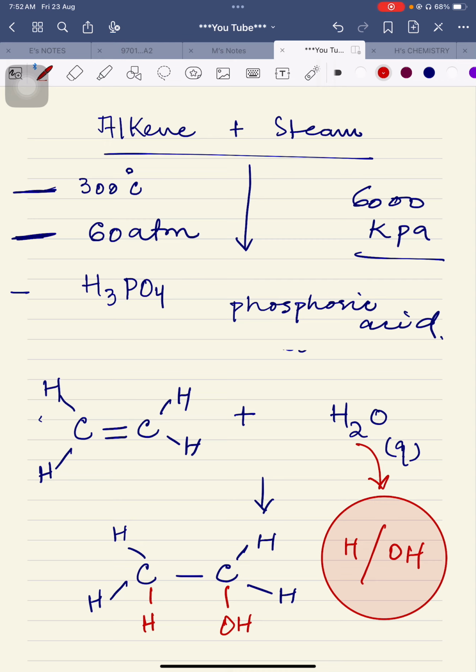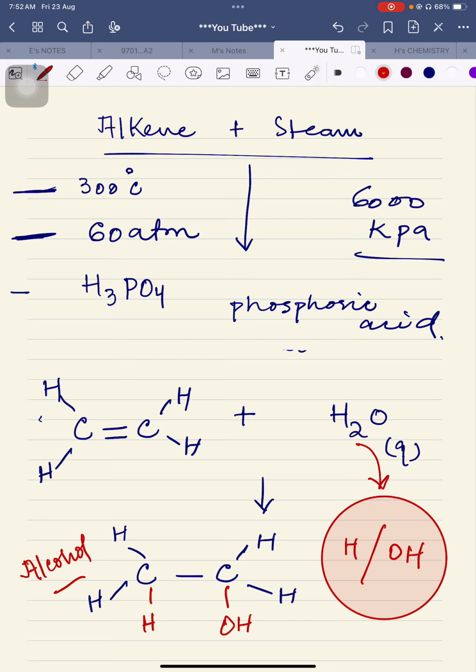So one carbon will have H and the other carbon will have OH. In this way, the alkene will be shifted into alcohol. So guys, don't forget that the carbon chain having an OH group attached to it is called the alcohols family. We will study the alcohols family in detail.